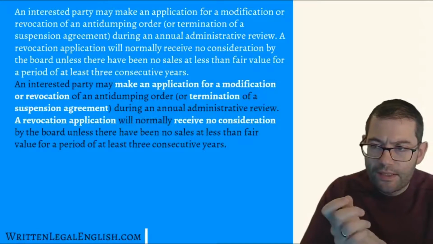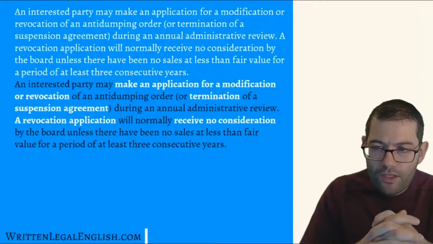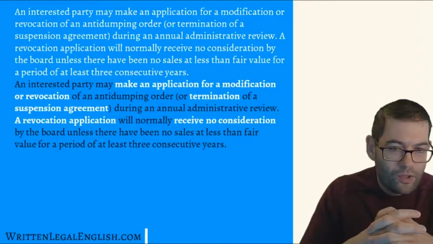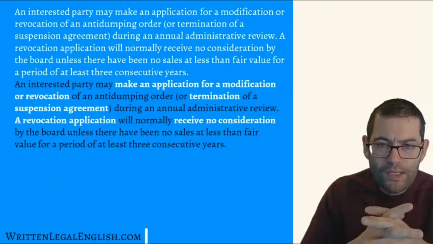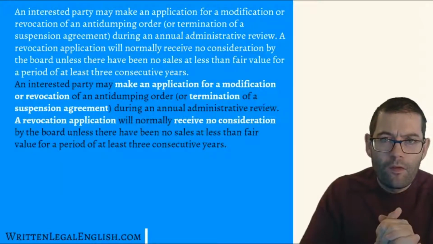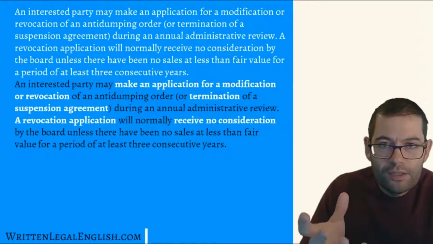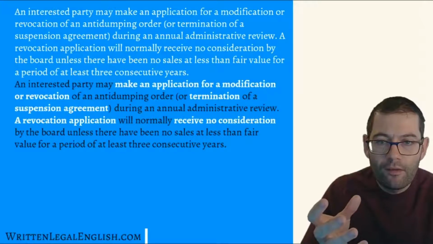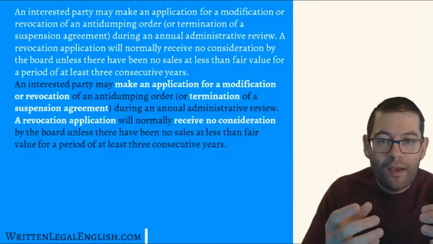The first sentence. An interested party, so there we have our subject. An interested party may make an application for a modification or revocation of an anti-dumping order. Let's try and deal with this bit. What is the main verb here? What's the key action here? Which one of these nominalizations is hiding our verb?